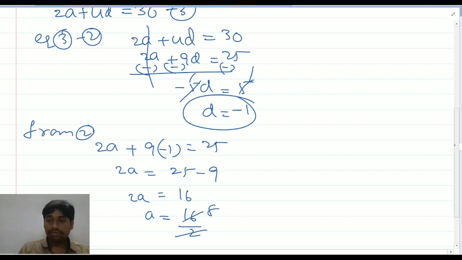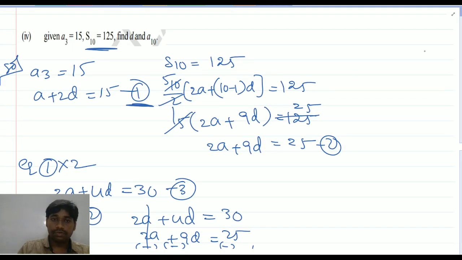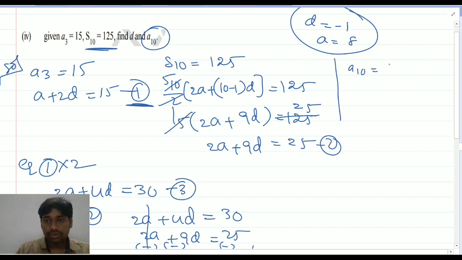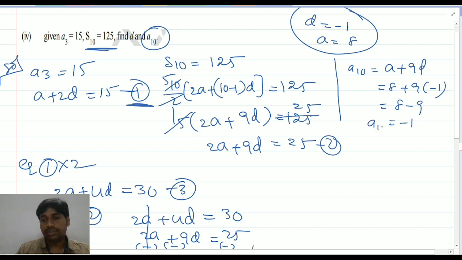So the first term we got is 8. The common difference is D equal to minus 1. So we want A10. A10 is equal to A plus 9D, 8 plus 9 of minus 1. 8 minus 9 is equal to minus 1. So the 10th term is simply minus 1.